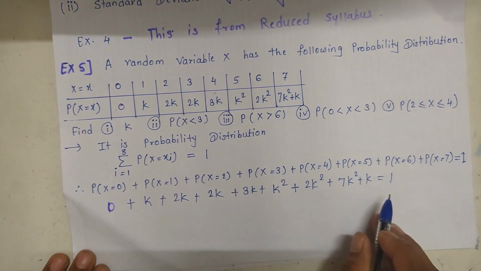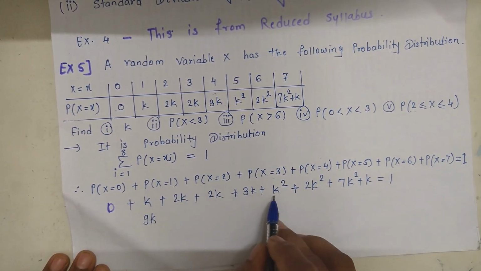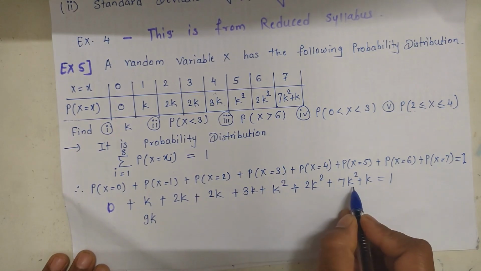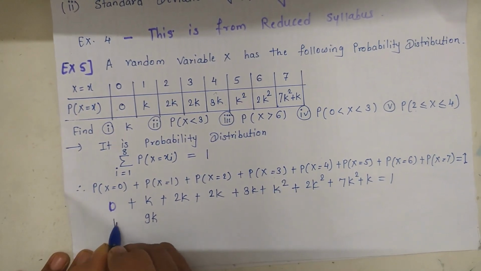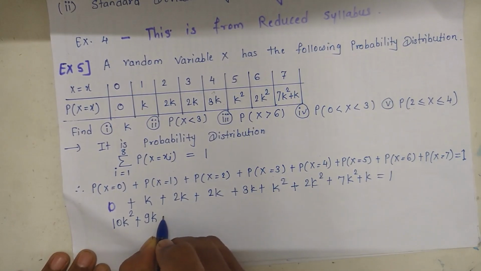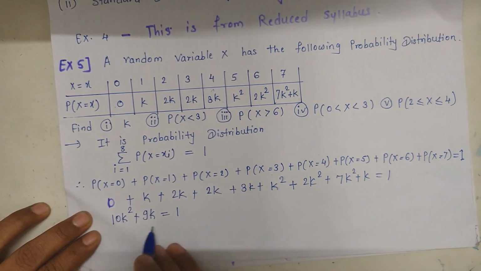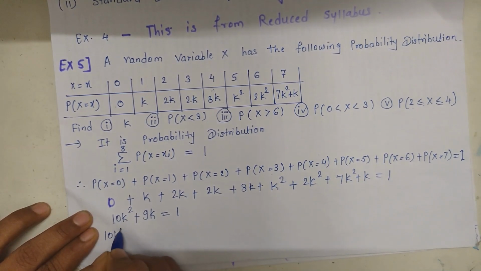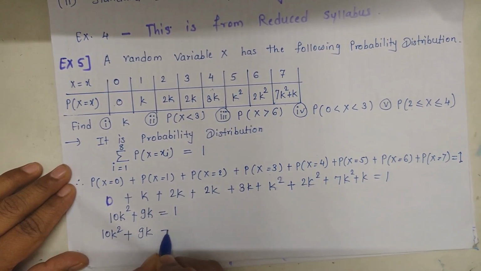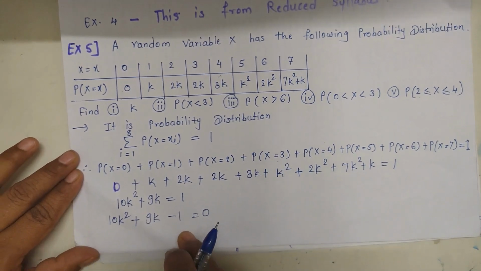Here the total number of k's is 9k, and the k square terms are 1k square plus 2k square plus 7k square, that is 10k square. Right here, 10k square plus 9k is equal to 1, so writing in equation form, 10k square plus 9k minus 1 is equal to 0. This is a quadratic equation in k.